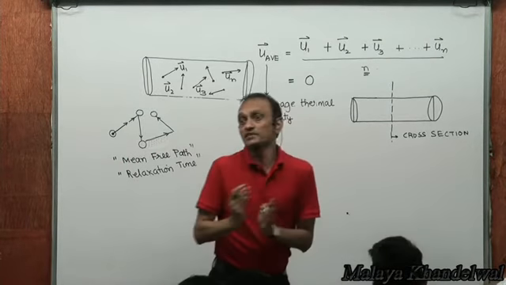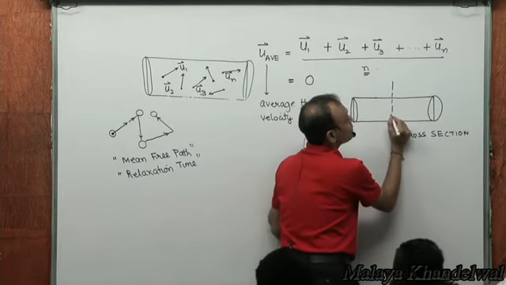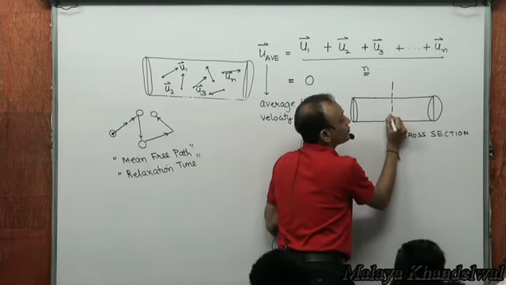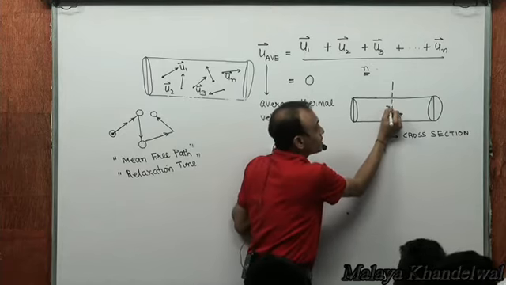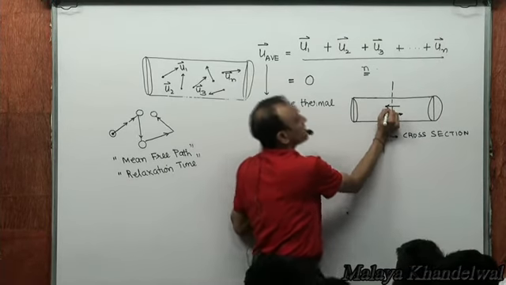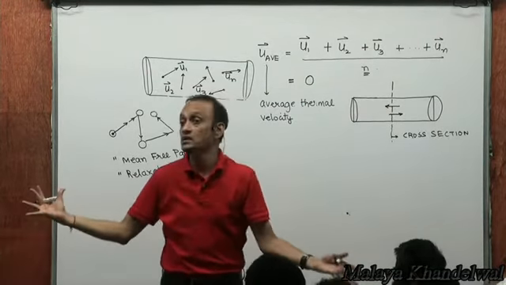Then, in a given time, the number of electrons that would have crossed from left to right would be equal to the number of electrons that would have crossed from right to left because of the randomness.